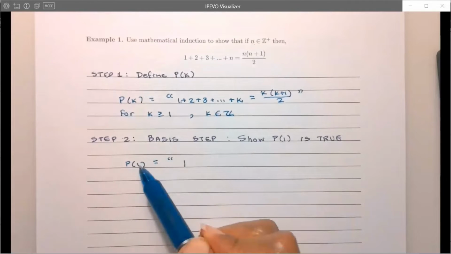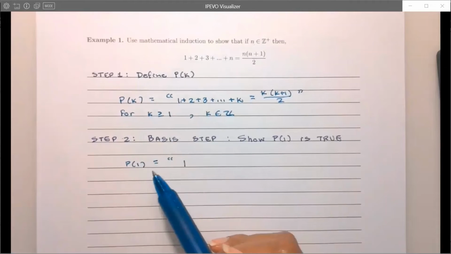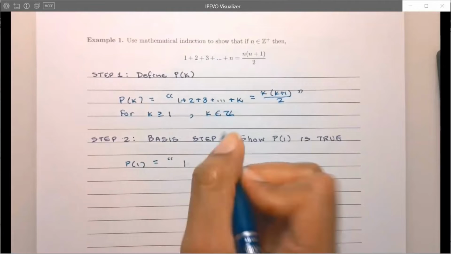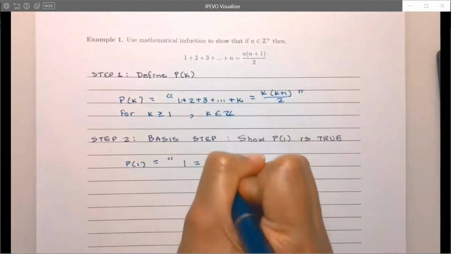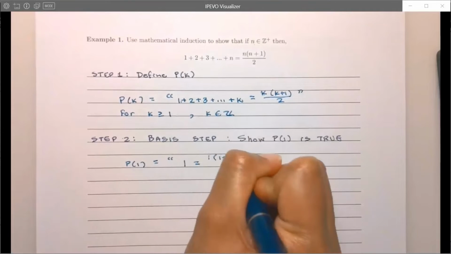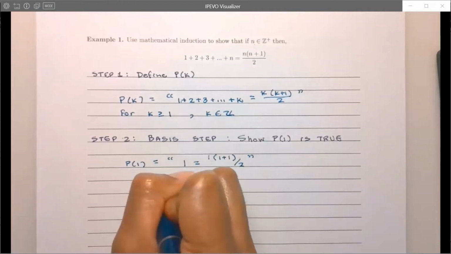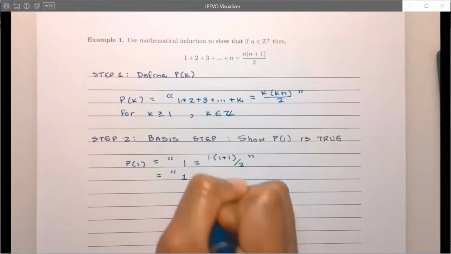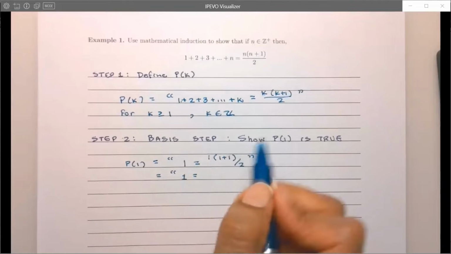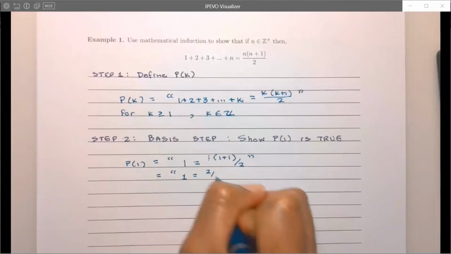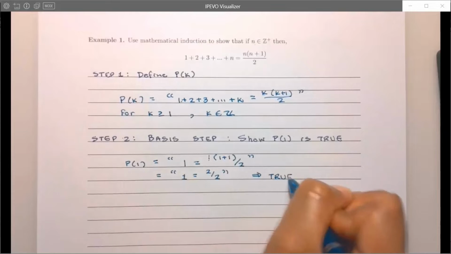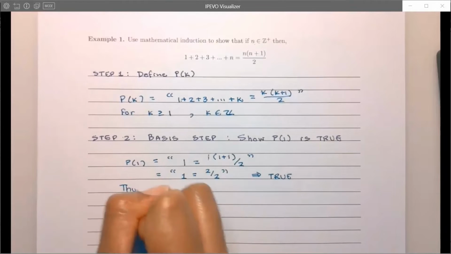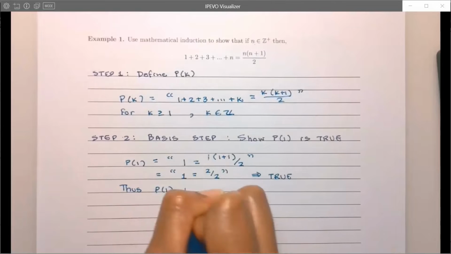So if n is equal to 1 or K is equal to 1, then I'm only summing over one integer, which is simply 1. And we're saying that that is equal to, replacing K with 1, 1 times 1 plus 1 over 2. Now what is that statement? That's saying that 1 is equal to 1 times 2 over 2. And that is true. Thus, P of 1 is true.